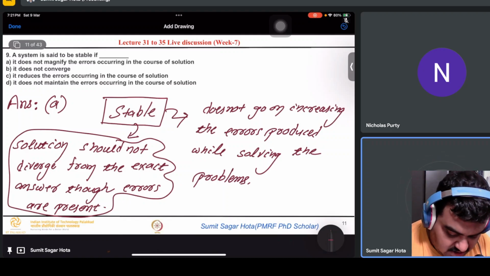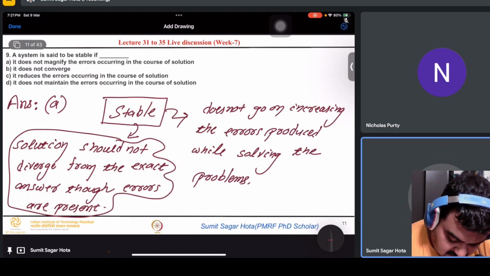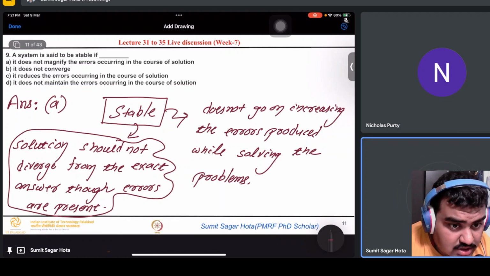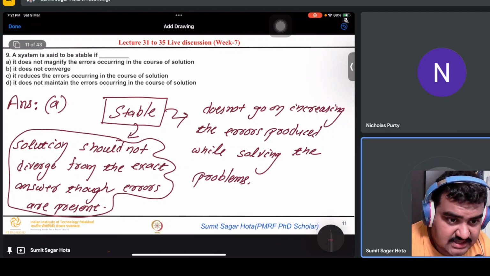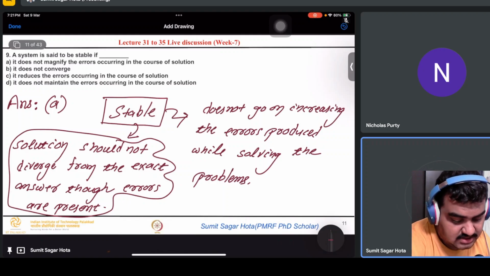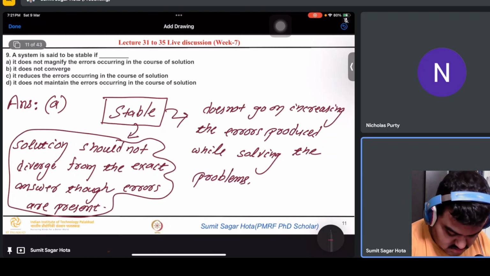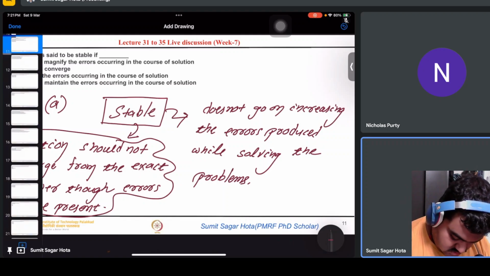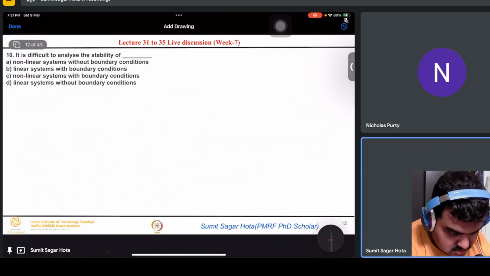Stable means that it does not go on increasing the errors produced while solving the problem. The solution should not diverge from the exact answer though errors are present.